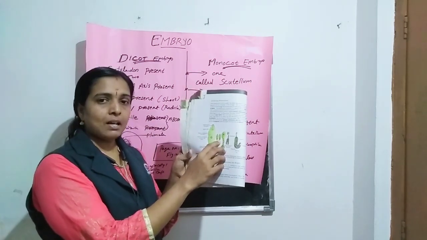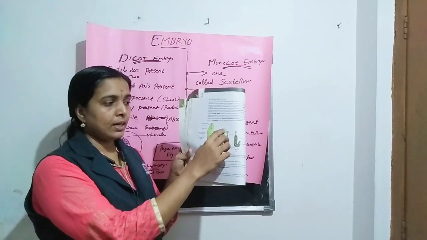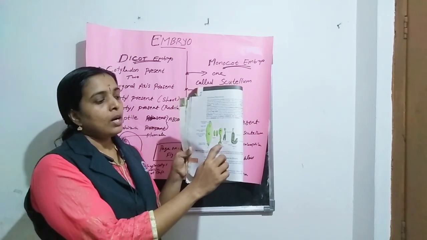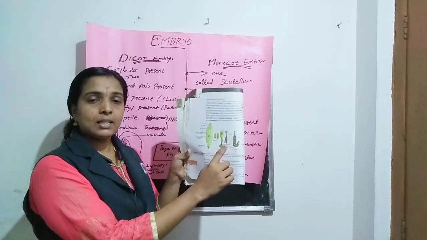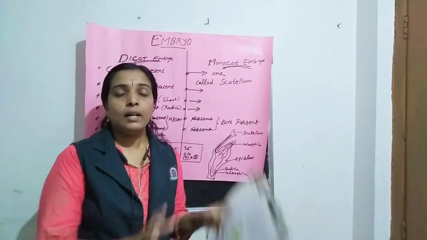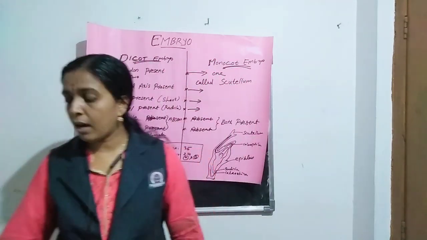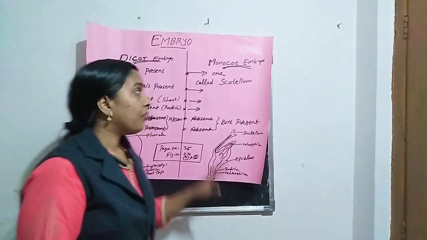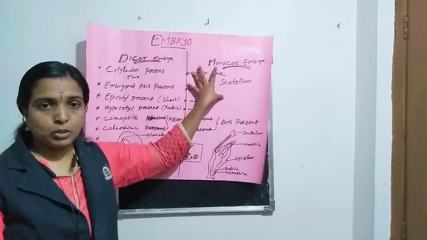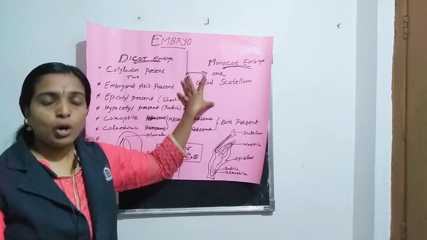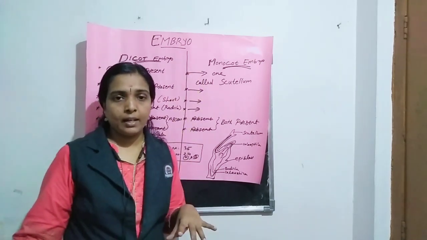In the flowchart itself, after zygote, pro-embryo is there. This is globular embryo. Then the next structure is heart-shaped embryo, then mature embryo. This diagram also you can draw in your notebook after embryogeny. Then write the different types of dicot and monocot embryo, its difference, then the diagram. Okay.